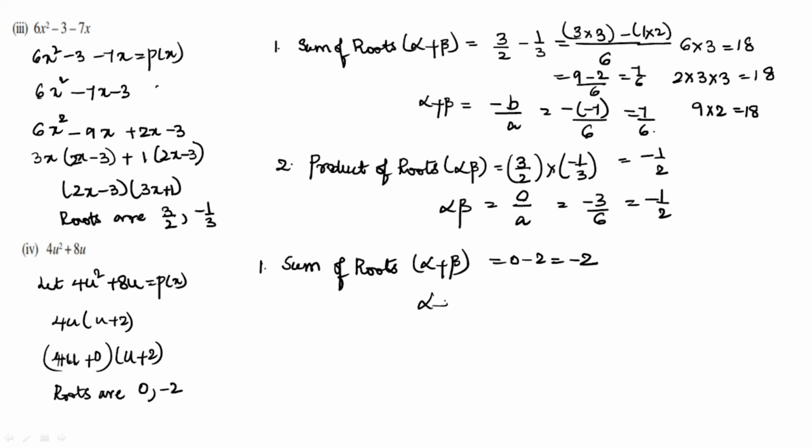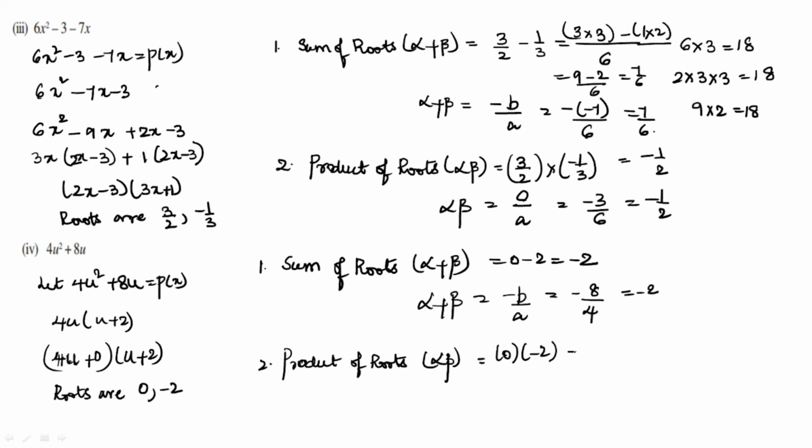Now we will verify the relation that alpha plus beta equals minus b by a, that is the coefficient of u, which is 8, upon the coefficient of u square, which is 4, it becomes equal to minus 2. Then the product of roots, alpha beta, is 0 multiplied by minus 2, which is 0. According to the relation, alpha beta is the constant divided by the coefficient of x square. As there is no constant, it is 0.